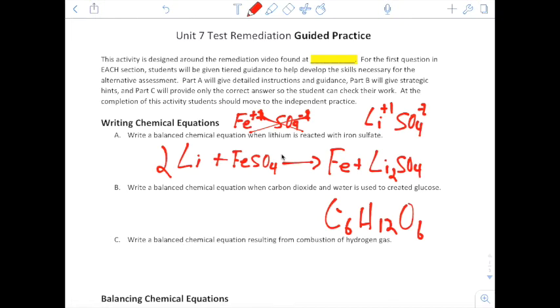Water is just good old H2O, and it's combusting to create glucose. It will also create oxygen gas. So there'll be a little bit of O2 over here. It's O2 because it's a diatomic. So see if you can write the rest of that out.